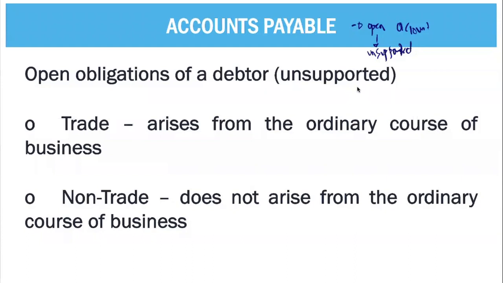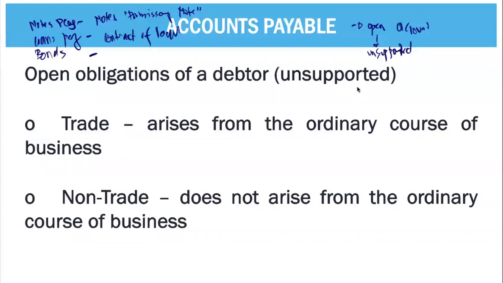In which case, we have the following supported liabilities. We have your notes payable, which is of course supported by a note or a promissory note. We also have your loans payable, which is supported by a contract of loan. And then we have your bonds payable, which is supported by a bond indenture.